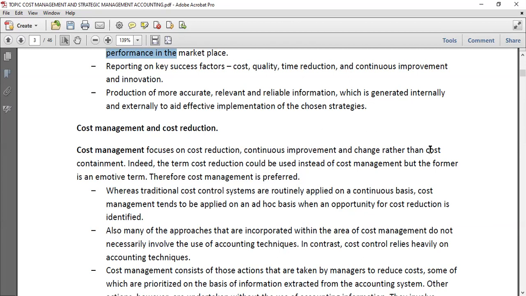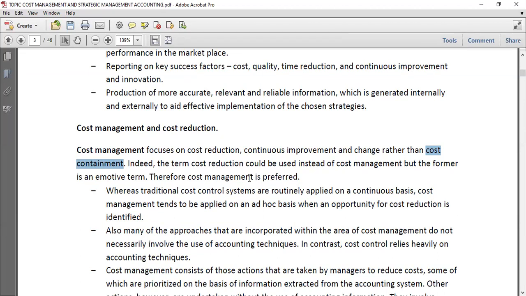The word cost containment means basically going with the norm, with the status quo, like going with the costs that you've set at the start of the period. So we're saying that cost management does not look at that aspect. Rather, it looks at cost reduction every day. Yeah, so it's very important that we understand.